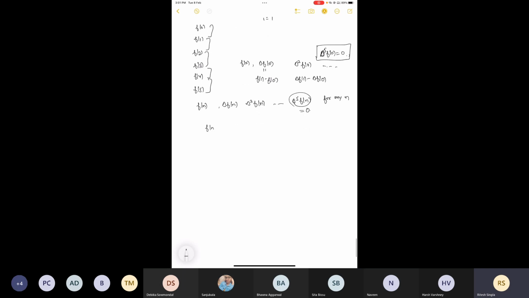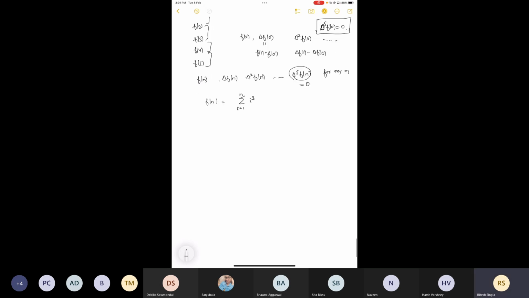See, f of n is nothing but the summation of i cubed, i running from 1 to n, right? Yes, sir. So what will the first difference of f of n be? It will be f of n plus 1 minus f of n.